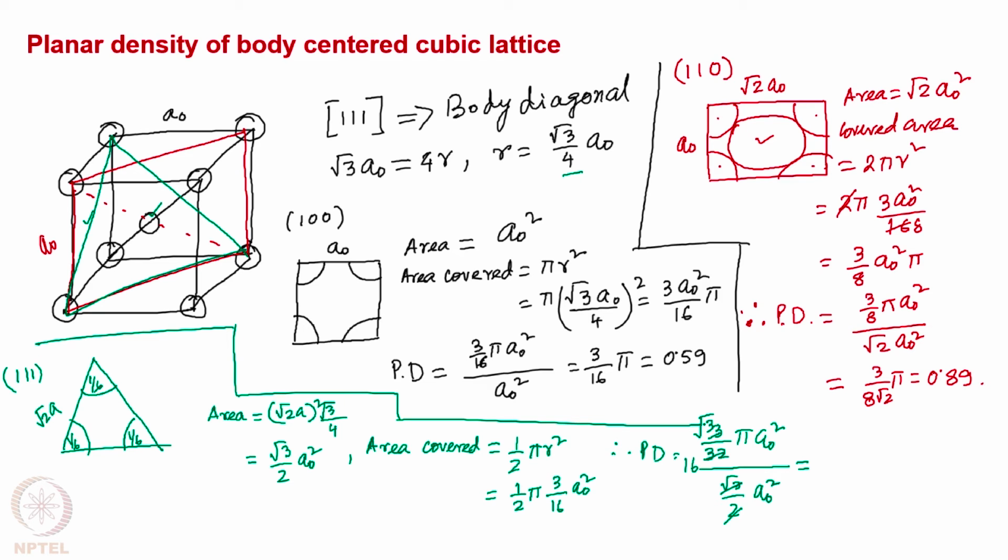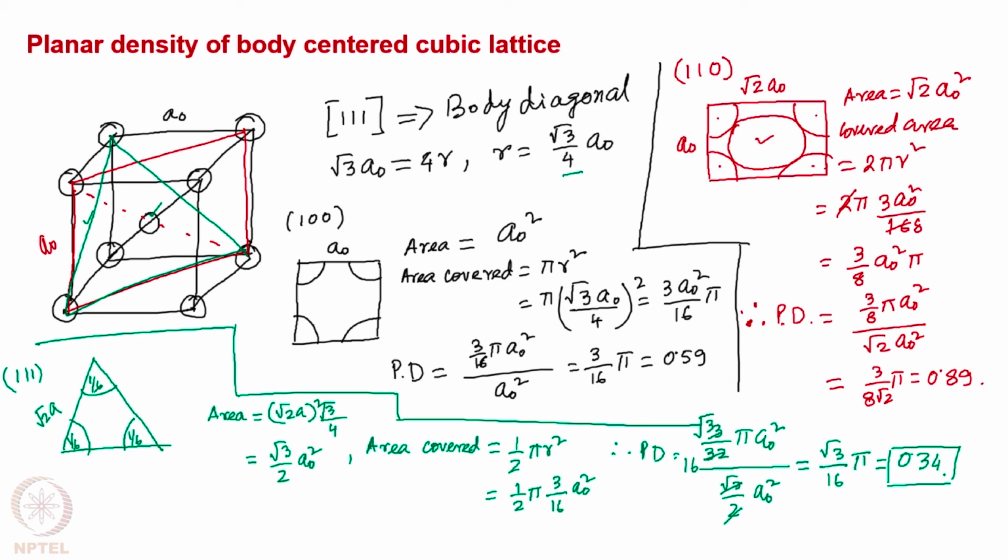So you can work it out. It is equal to root 3 pi by 16, which means the value turns out to be 0.34, a very small number.